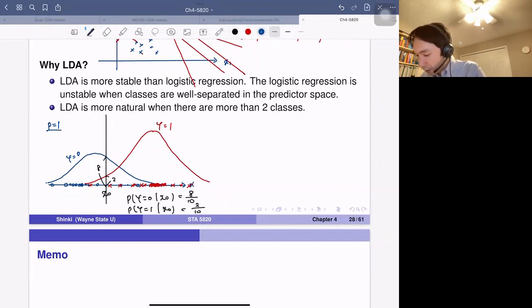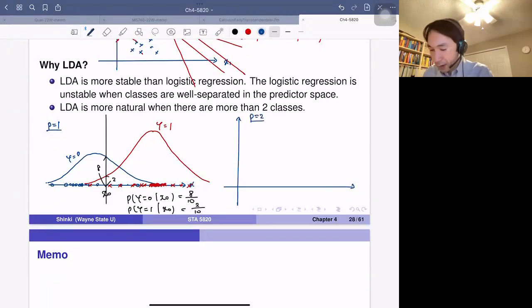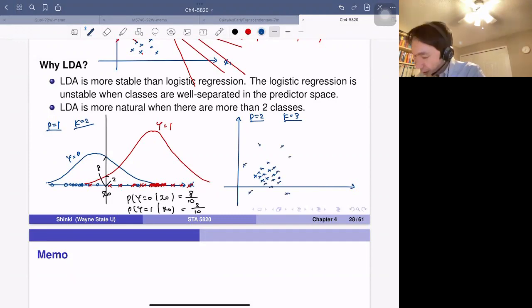we have a little more complicated thing. Suppose that we have p equal to 2, and this is only 2 groups, but suppose we have 3 groups, then how do we do that? Then we think about the first group like this, and the second group, maybe triangles.